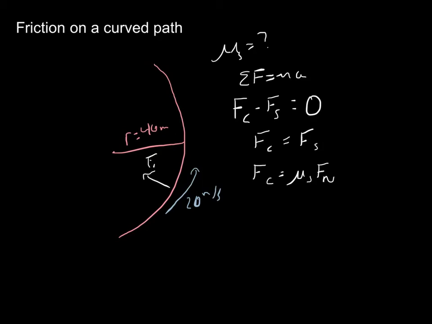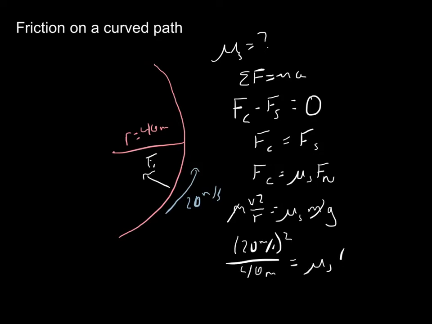Remember, our centripetal force is mv squared over r, equal to the coefficient of static friction times the normal force. Normal force, since we're on a flat curve, is mg. The m's disappear, and so we get v squared, 20 meters per second squared, over our radius of 40 meters, equals the coefficient of static friction times 9.8 meters per second squared. And you can solve from there to get your coefficient of static friction. So that friction is our centripetal force in this case because it's keeping us on that curved path.